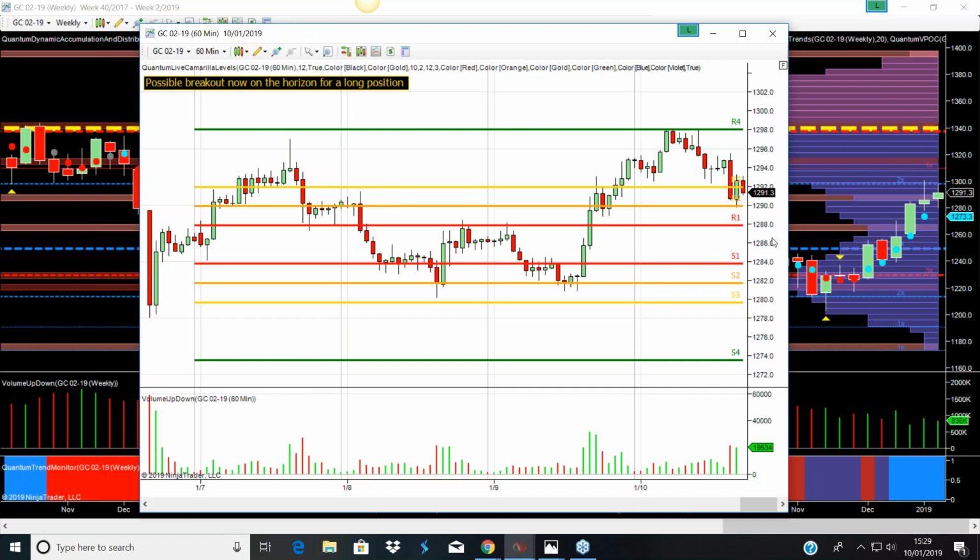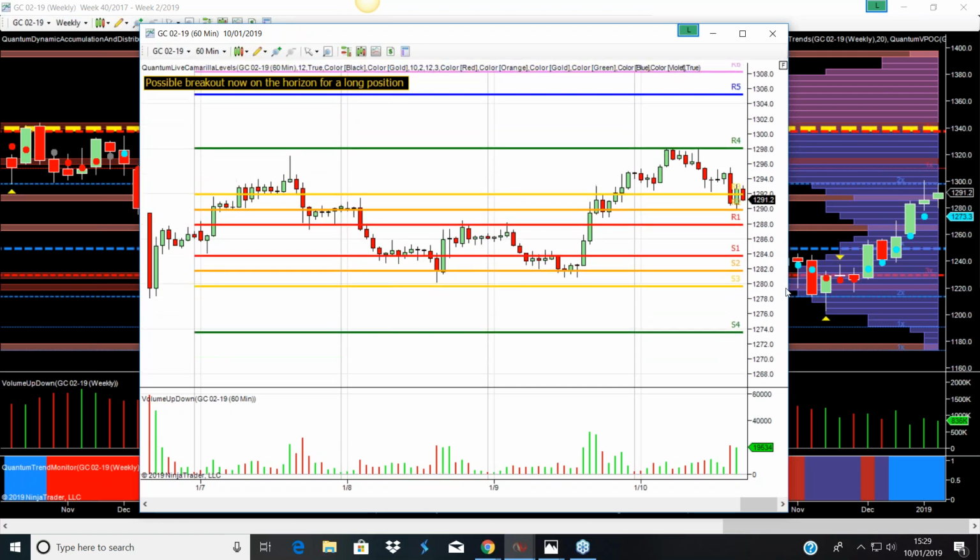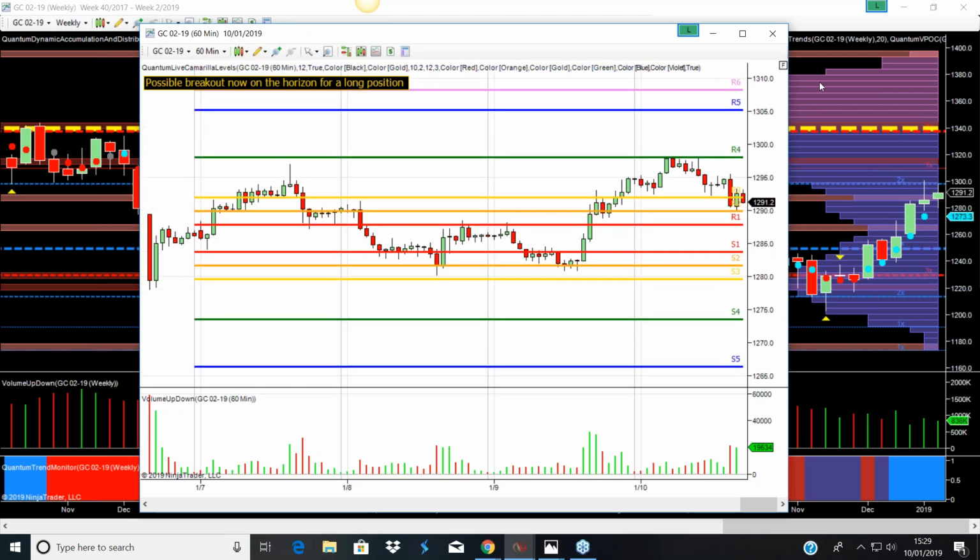If you are thinking of either putting on a trade, perhaps adding to a position, or even if you've been in a trade and you are thinking of exiting, the R4 and the S4 are really important levels. And the reason we put the additional levels is because when you get to R5, it gives us a potential target, not a target in terms of risk and reward, but a price objective that this instrument, if it's going to go, and all things being equal, that is where it is then likely to pause next in its travel.